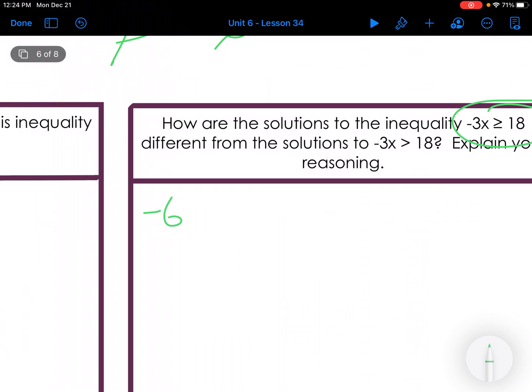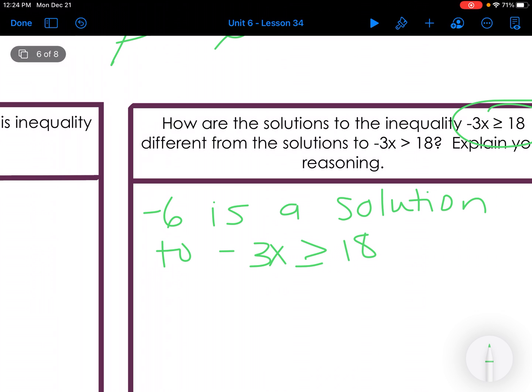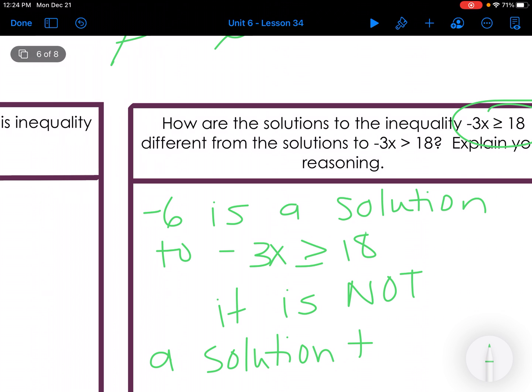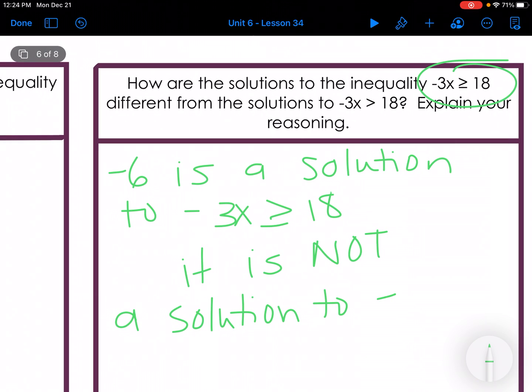So -6 is a solution to -3x is greater than or equal to 18. It is not a solution to -3x is greater than 18, because it's not equal to. That's what the problem is.